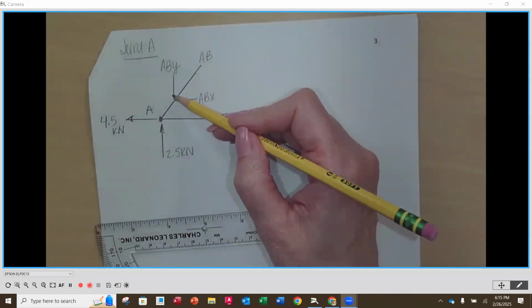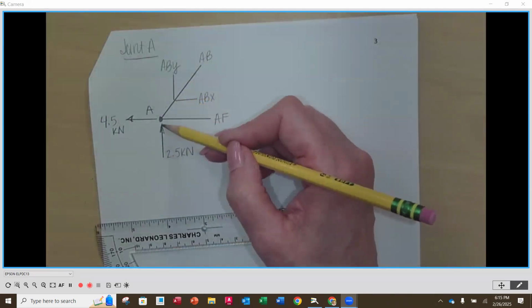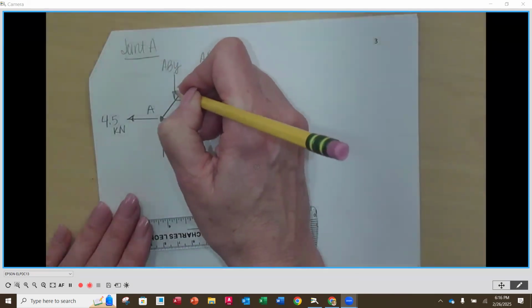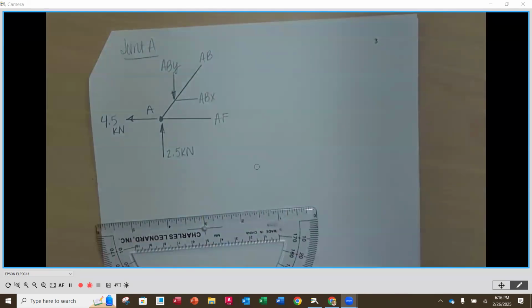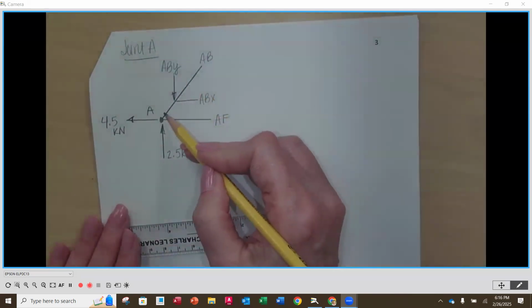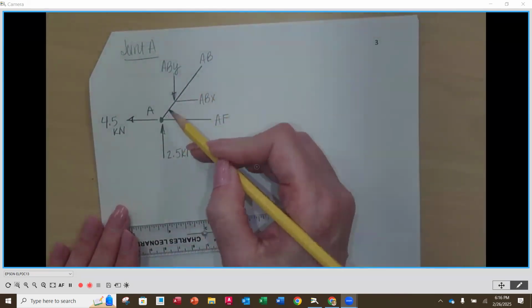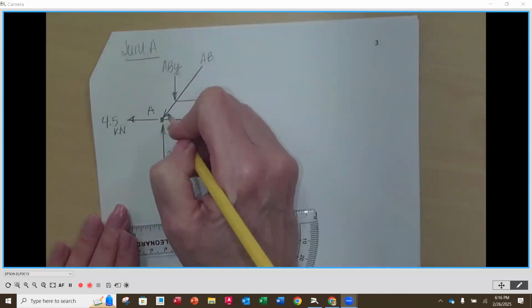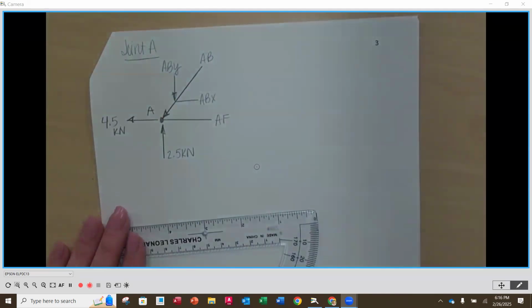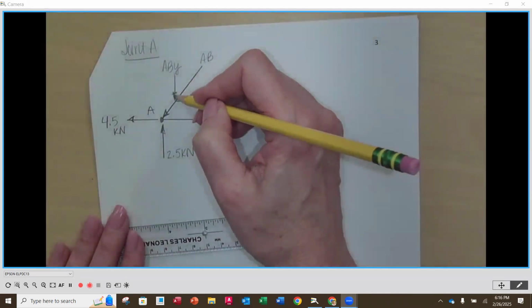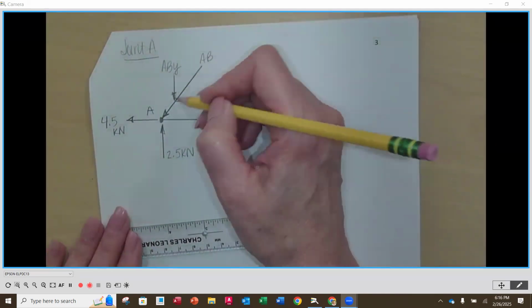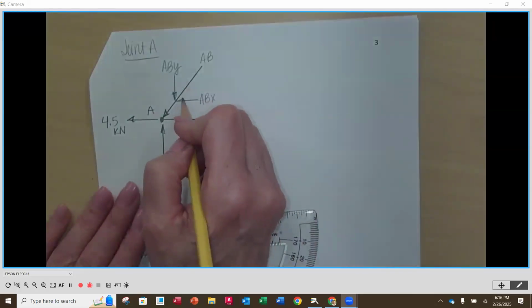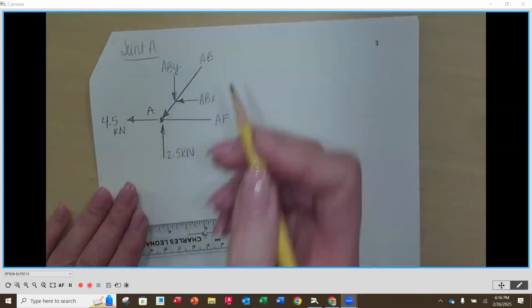Keep it in equilibrium to balance it out. It's going to go up or down. If I have this one going up, this one's going to go down. Exactly. Now, if my Y component of member AB is going down, do you see how AB has to go down and to the left, because its Y component is going down? And if this is going down and to the left, my X component also has to go to the left.